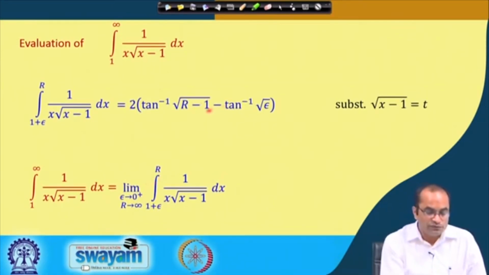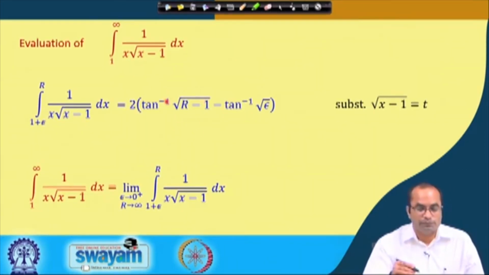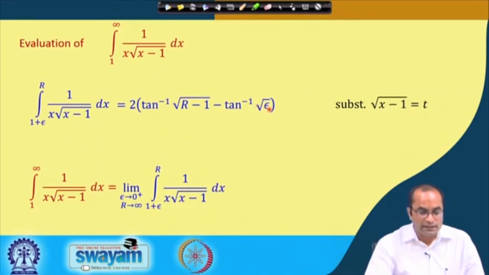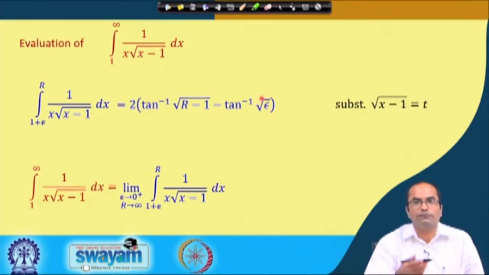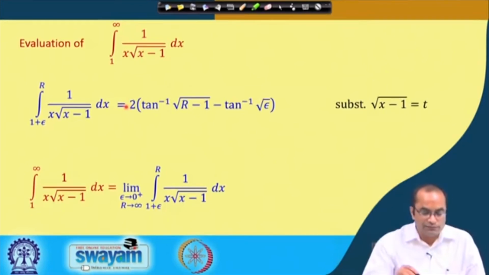When r approaches infinity, tan inverse of infinity will become pi by 2, and minus tan inverse when epsilon approaches 0. So, tan inverse 0 will become 0. So, because of this pi by 2 and 2 times, this value will be just pi.